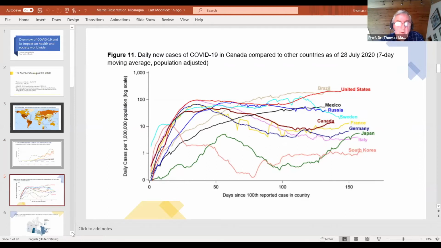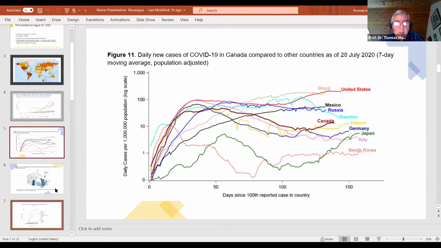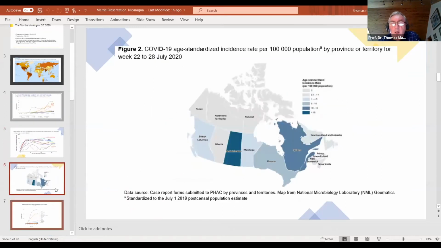But what we've learned very much from COVID-19 is that looking at a country, or even a small geographic region, doesn't really give you an idea of the full extent of the epidemiology of COVID-19. So here's a map of Canada with 10 provinces and 3 territories.